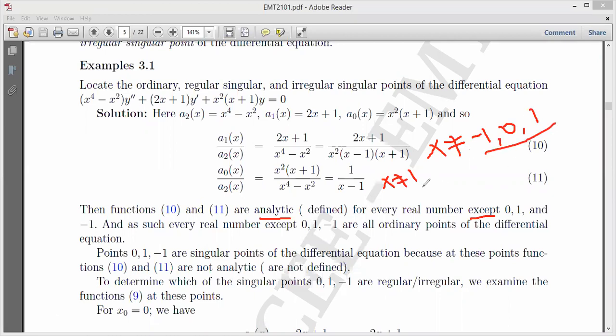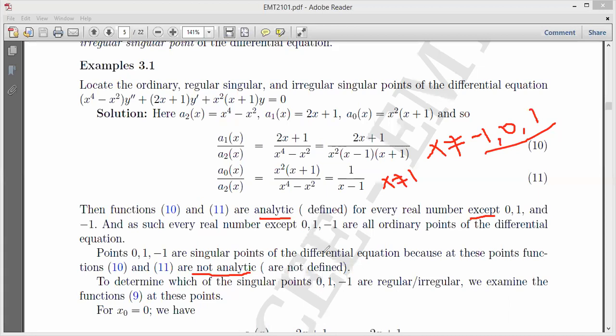So from that, we can just conclude that these points we have got here. But of course, in this, we also have this one. We are saying those points are singular points of the differential equation because at those points, those functions are not analytic. They are non-analytic or they are not defined.